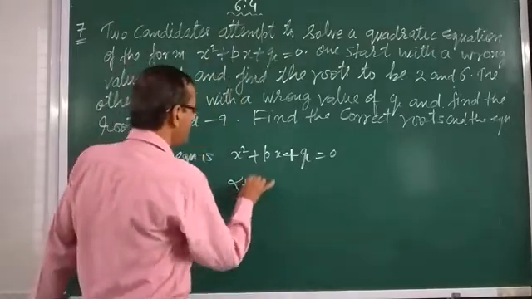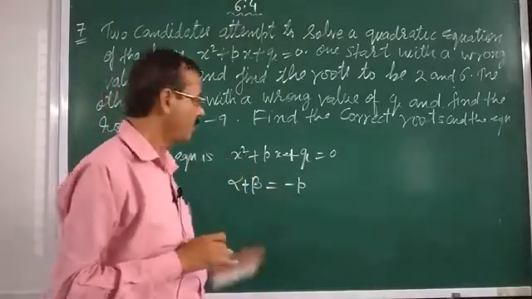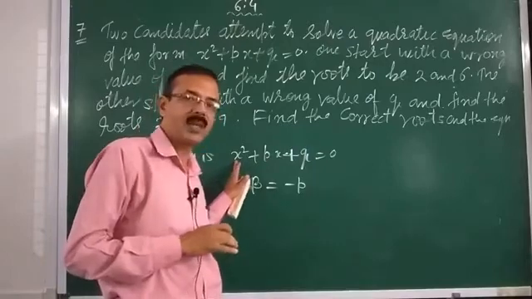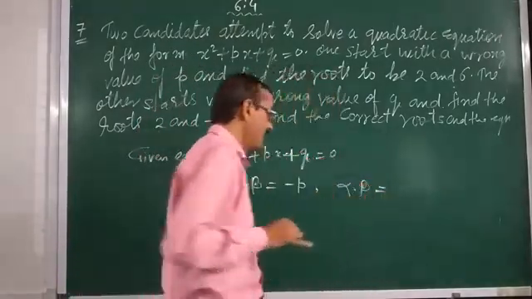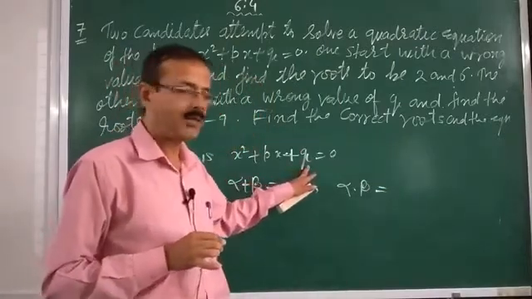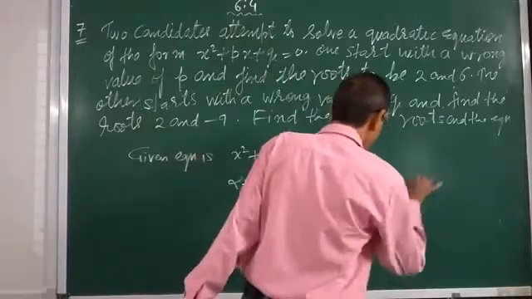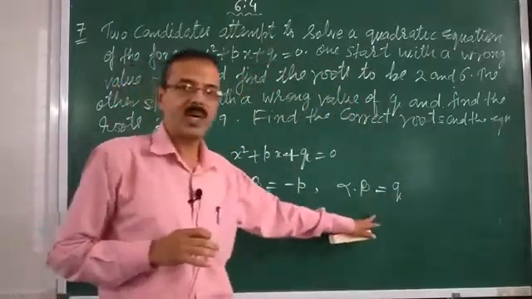Alpha plus beta is equal to minus p upon 1, that is, minus coefficient of x upon coefficient of x square. And the product of the two roots will be the constant coefficient upon the coefficient of x square, that means q upon 1, that will be q. These are the sum and product of roots.